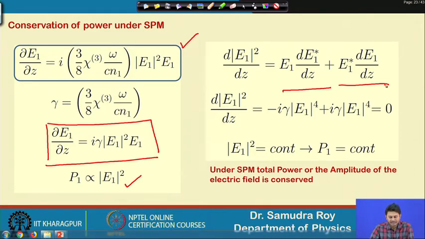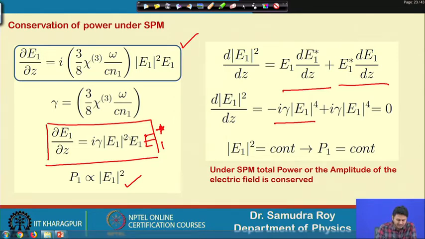So, dE1 star dz I can find from this equation. What should be the del E1 star dz? It should simply be the complex conjugate of this quantity, and the complex conjugate means there should be a negative sign, minus i gamma mod of E1 square, which is not going to change, and E1 becomes E1 star. Now, this will be multiplied by E1. So, eventually we will have minus i gamma mod of E1 to the power 4, because this term is multiplied by another E1.